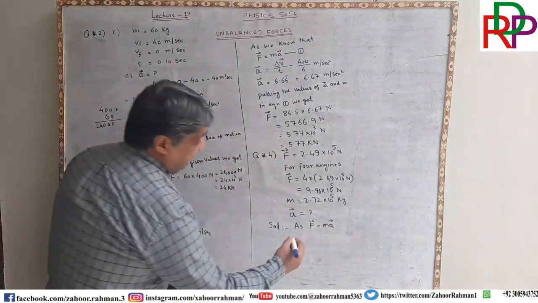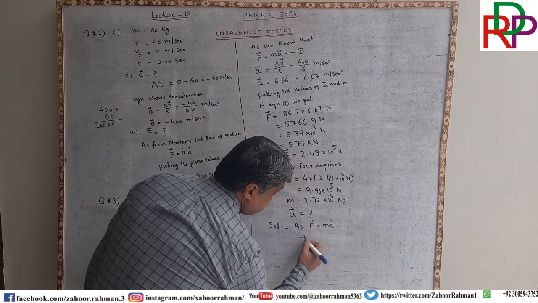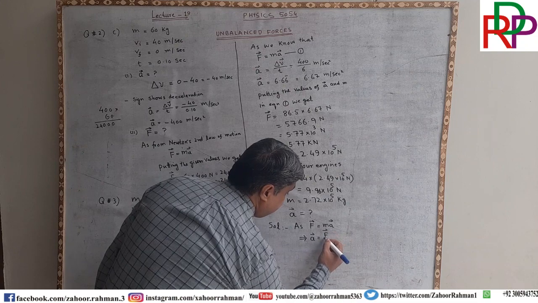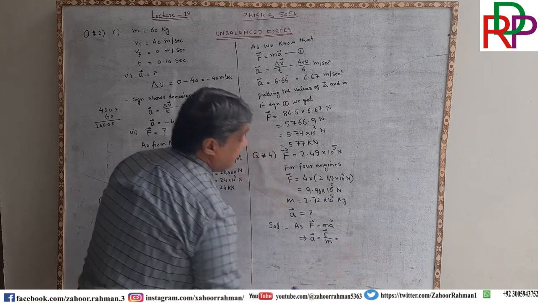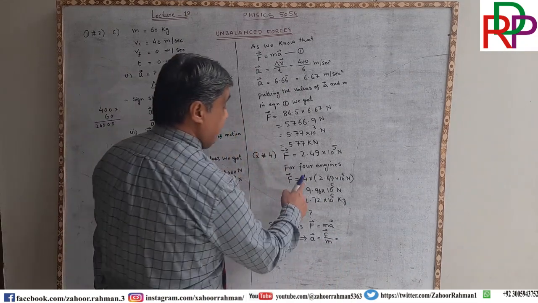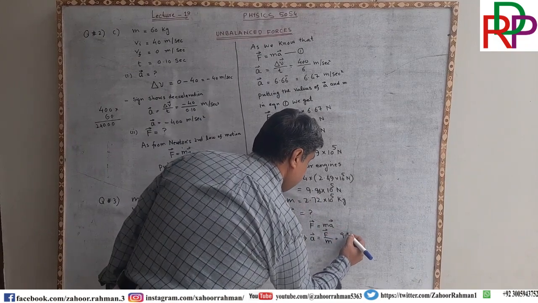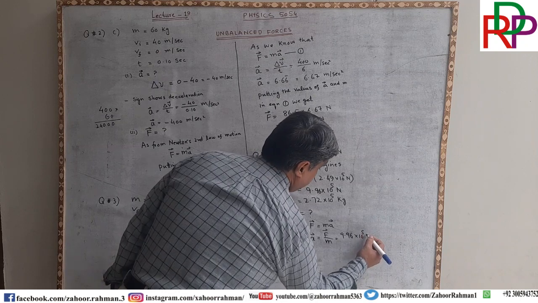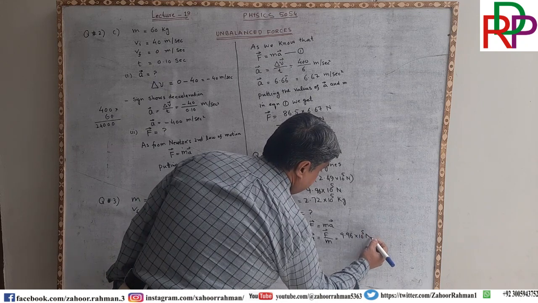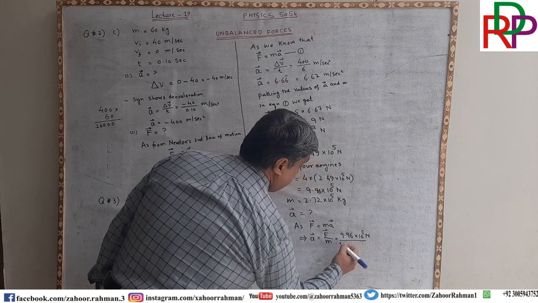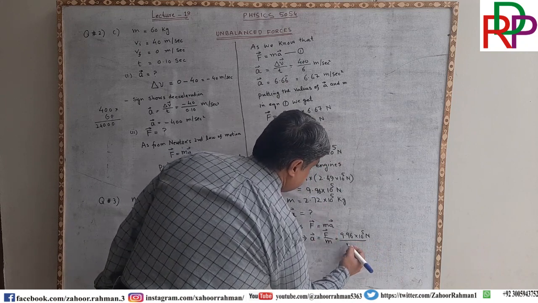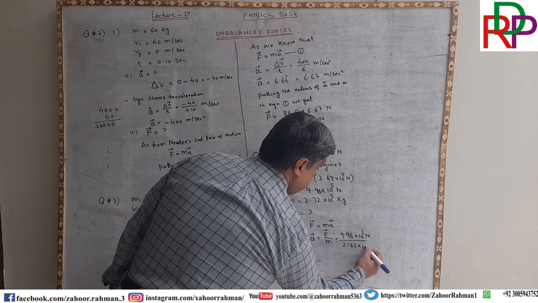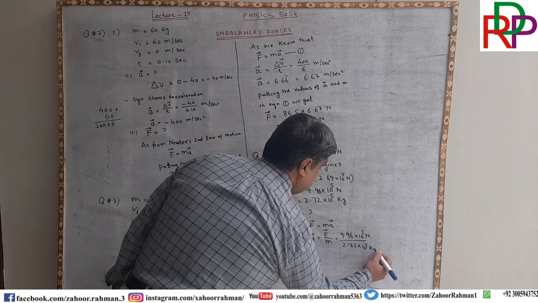So we are finding A. This implies that A is equal to F divided by M. Now F is given as 9.96 into 10 raised to the power 5 Newton, and mass is given as 2.72 into 10 raised to the power 5 kilogram.